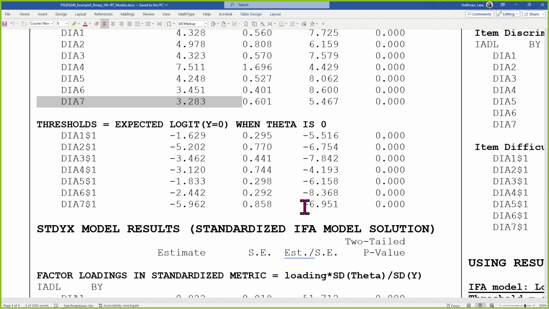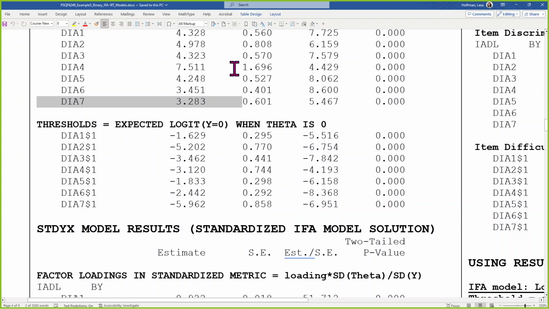3.283 is the coefficient for the factor loading for item 7. You're brave. I can see it in your face. As theta increases by 1, the factor scoring in logits increases by 3.28. Yes, the predicted logit of a 1 increases by 3.28 for every unit of the factor.